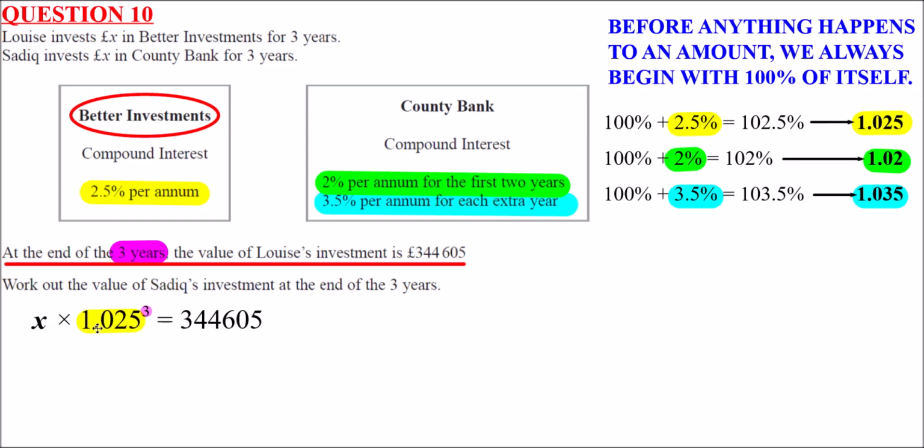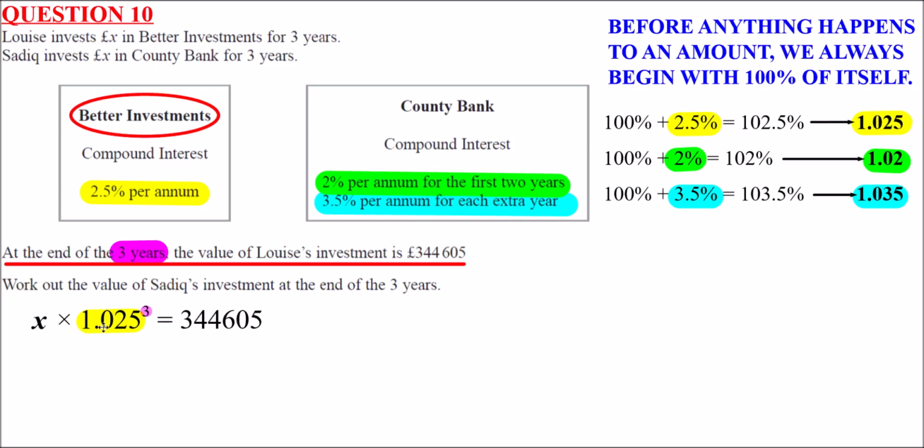So it's the initial amount multiplied by 1.025 times 1.025 again times 1.025 again. That's 1.025 cubed; this power is the number of years, and that gives the total end amount of 344,605. This is now an equation I can solve to find out what the original amount X must have been.